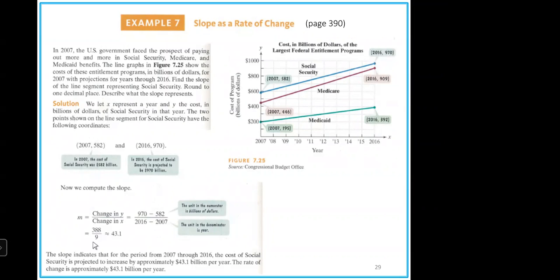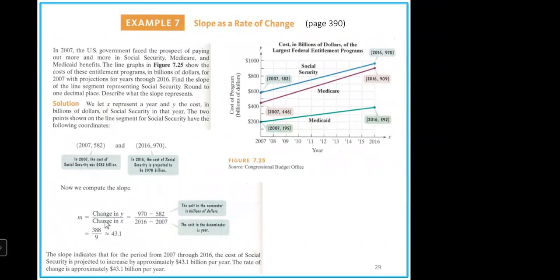So what they did, we look at the change in Y. Y was 970 at the end, and at the beginning it was 582. So we put 970 minus 582 over the change in X, 2016 minus 2007. So they did a subtraction.